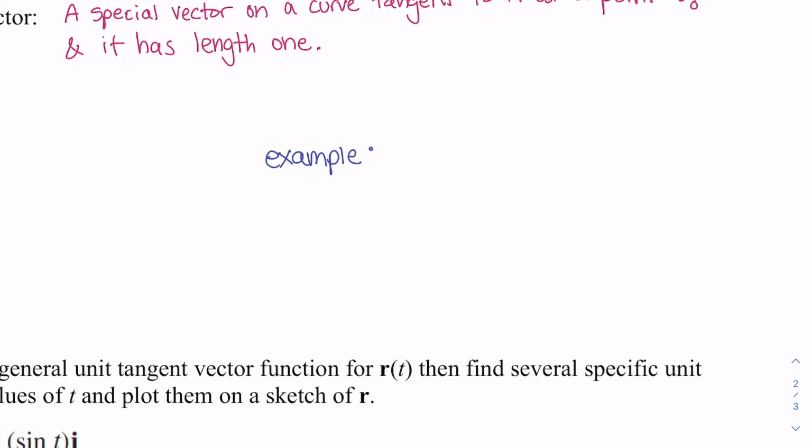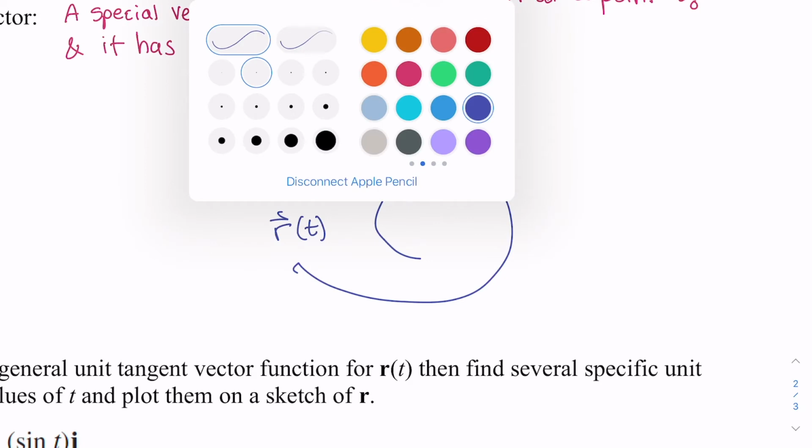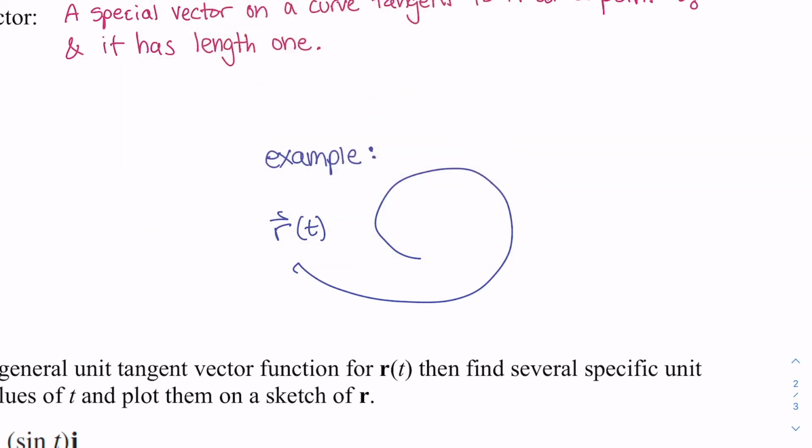If I have some curve r of t that looks like this, here's r of t, I'll pick just any point. I'll pick this point to be t naught that we're evaluating at.